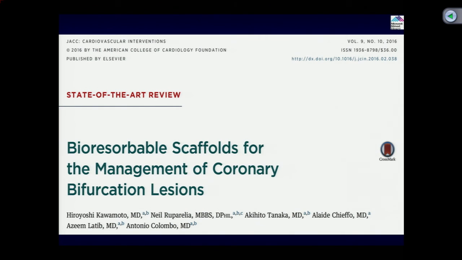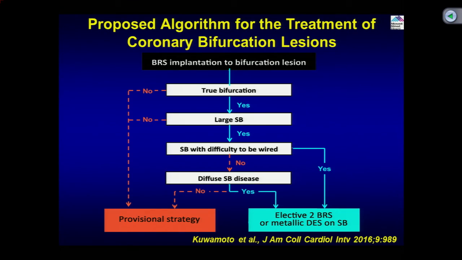Then there is a very nice article by Colombo in last month's issue of JACC Interventions that goes through the various techniques and issues of bifurcation lesions using the bioresorbable scaffold, and again emphasizes that the majority of the time in a bifurcation, if it is not a large side branch, or the side branch is difficult to wire, or there is no diffuse disease, you should go with a provisional stent strategy.